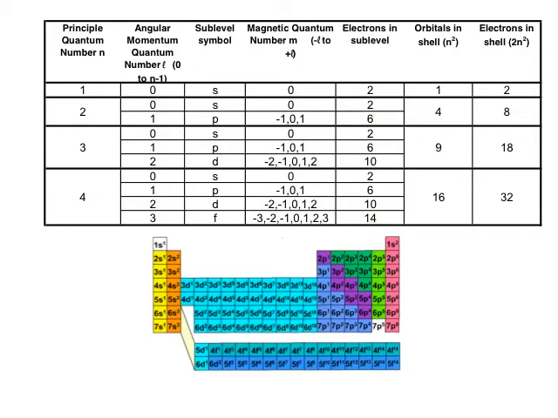Put 2 in each, and the F can hold up to 14, which is why if you see down here, this skinny part on the bottom is 14 elements wide, because you can put 14 electrons into an F sublevel.